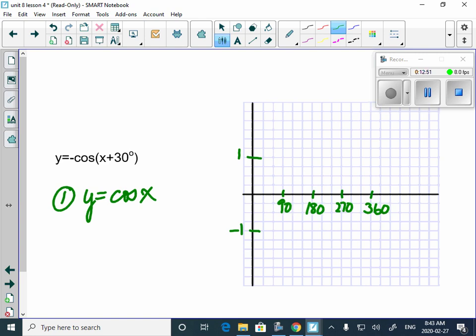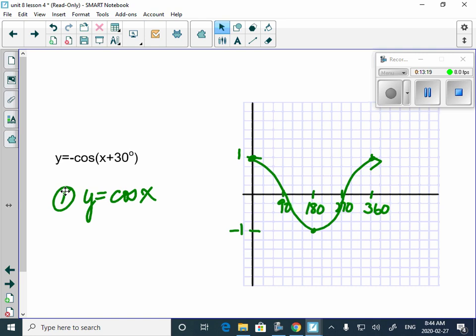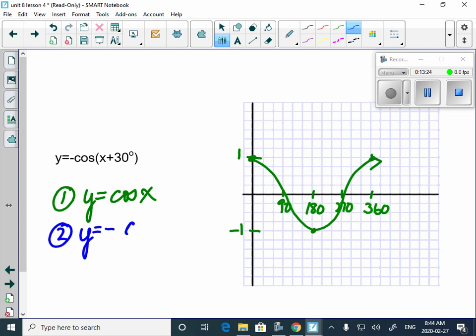All right, cos has an amplitude of 1, starts at a maximum, ends up back at that maximum in 360 degrees. My minimum is in the very middle. So I mark those key points and I curve as smoothly as I am able. There. Then I do, in order from left to right, my transformations. The first one is negative. And that negative is at the front of the function.